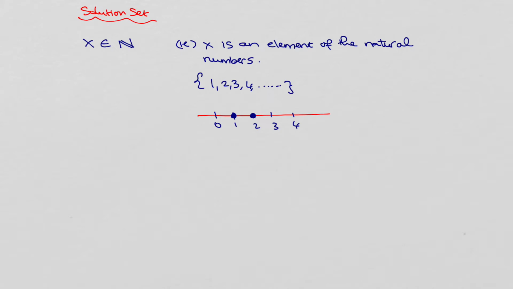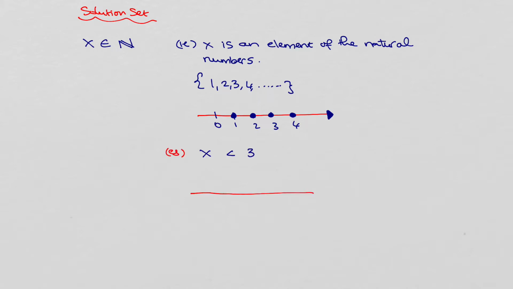So say my answer was x is greater than 0, well then if x is an element of the natural numbers, it would be 1, 2, 3, 4, and to show that it goes on to infinity, we would then put an arrow on the number line showing the direction in which it's greater than. So it's greater than meaning it's going to the right.